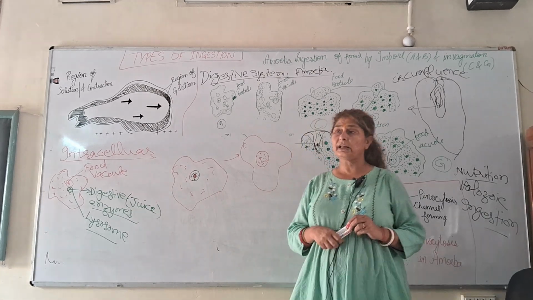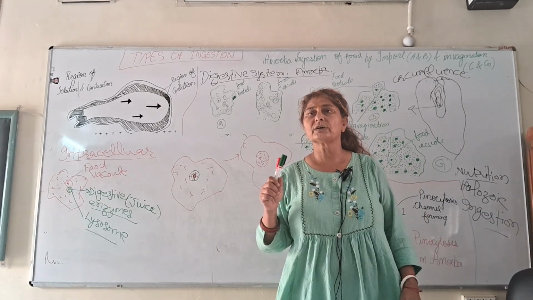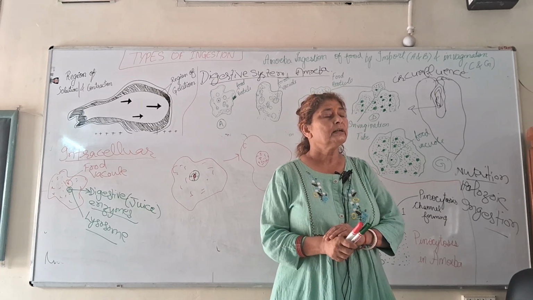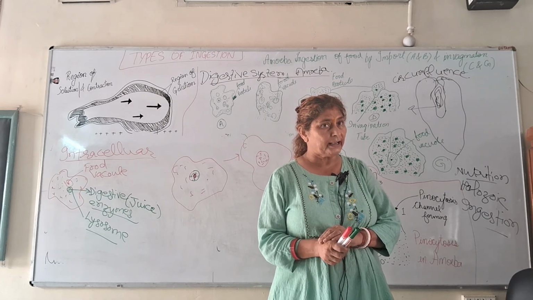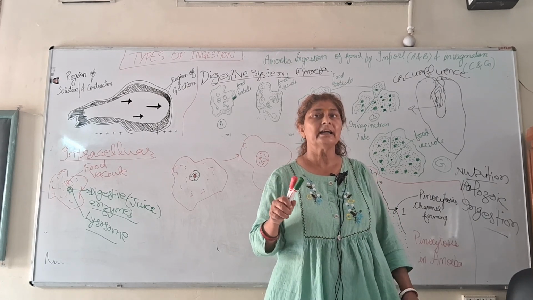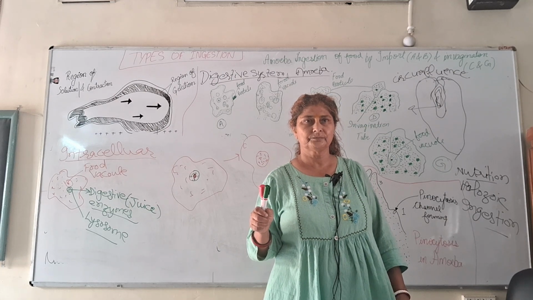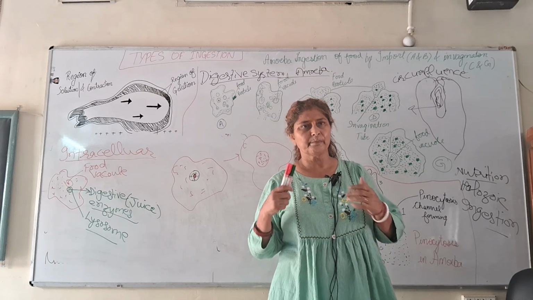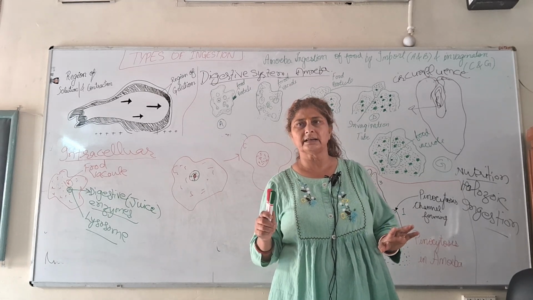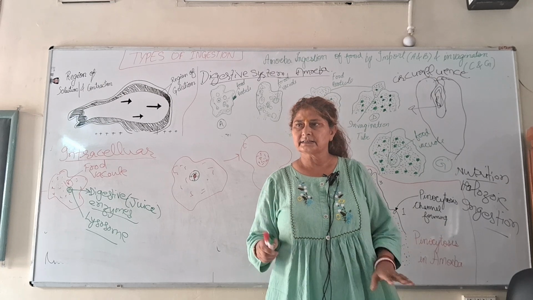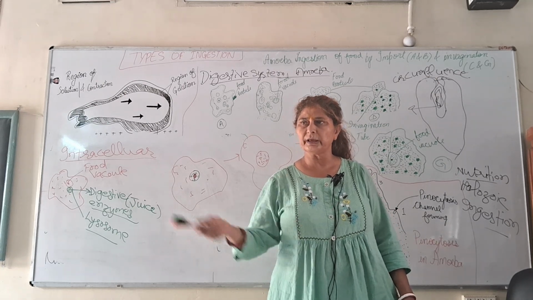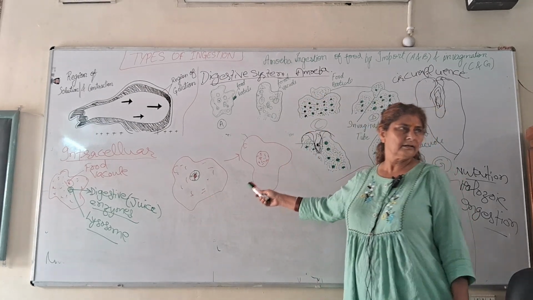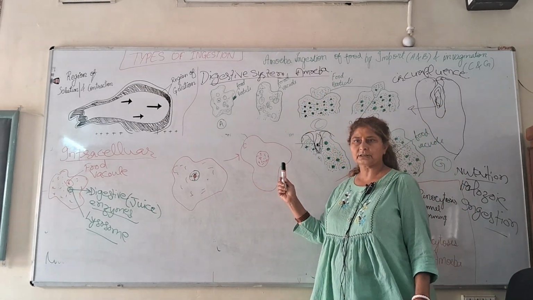Now understand carefully: carbohydrates digest in alkaline medium, and proteins digest in acidic medium. Lastly, everything is digested in the intestine: carbohydrates, proteins, lipids, everything. In the same pattern they also digest the food.